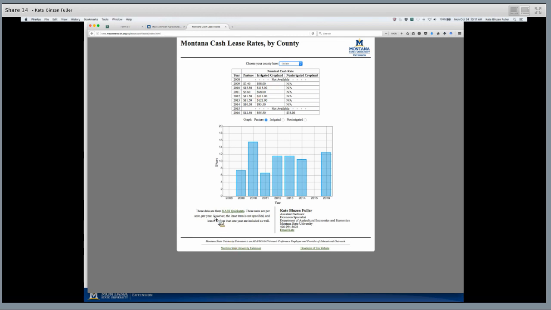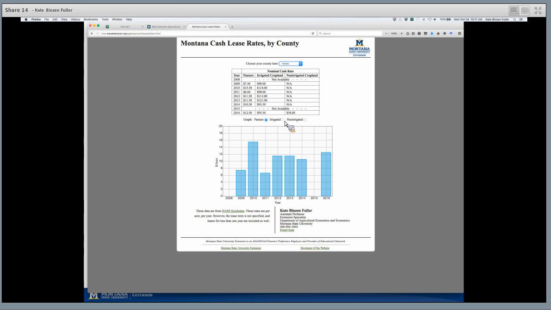Now this is not information that we collect. This is actually from the USDA National Agricultural Statistics Service website, and here's a little disclaimer about this information down here. These rates are per acre per year, but they don't specify lease term. So these could be for a couple months or for the entire season or for the entire year. So a lot of different things are lumped together.